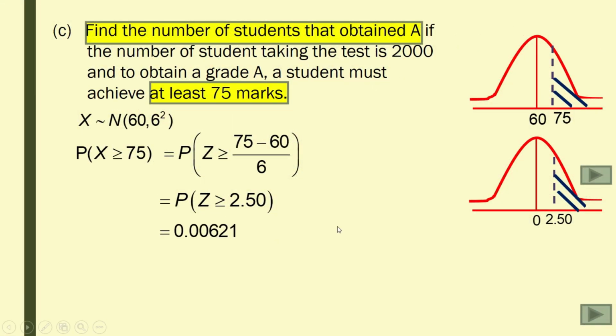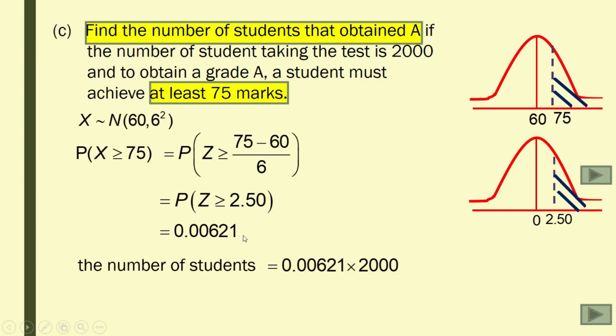We can write 0.00621 as an answer, but the question asks to find the number of students that obtain A. So for the number of students obtaining A, the area 0.00621 times 2000, and we get 12.42. So the answer is 12 students obtain A.